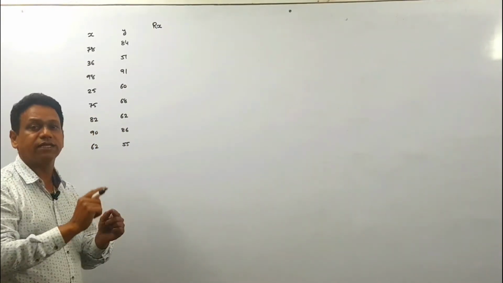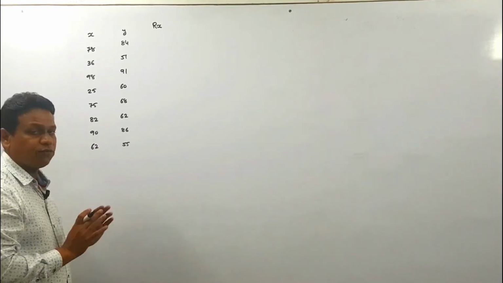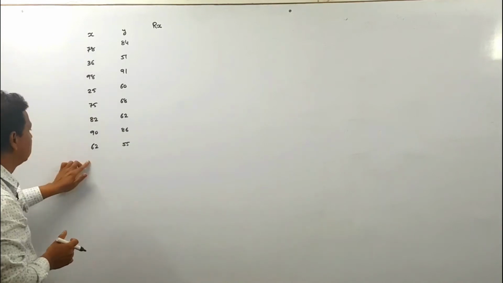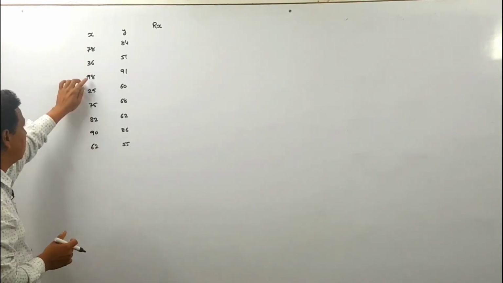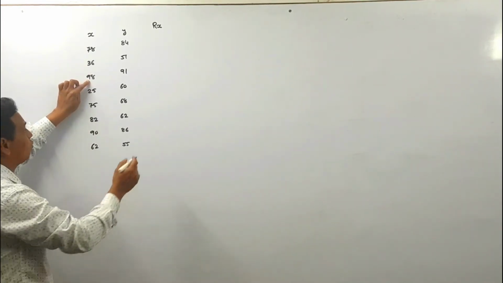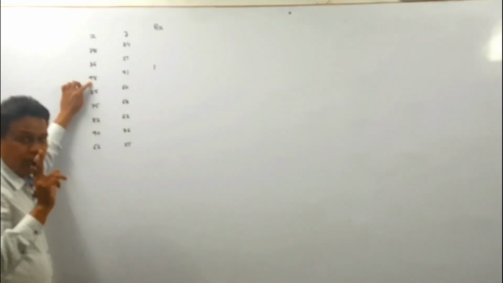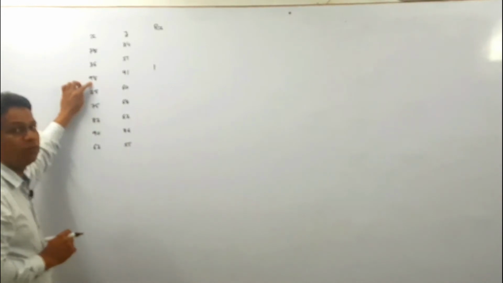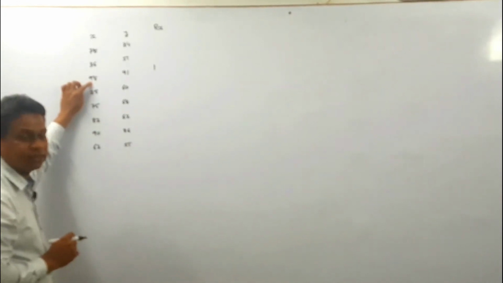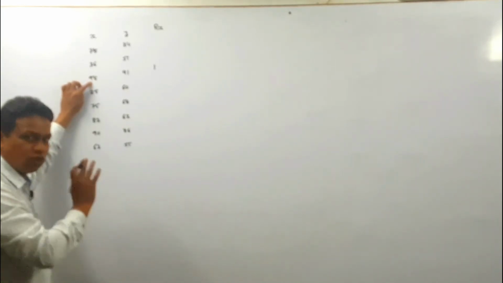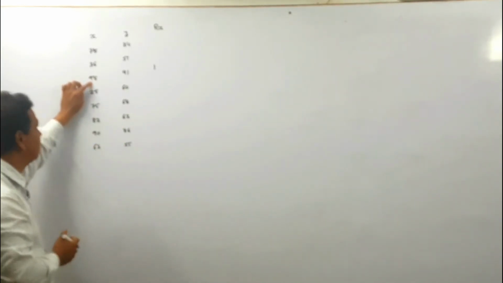Rx indicates ranks of X. First we find the highest value of the variable X, which is 98, so we assign rank 1 here. If there is a tie between the observations, we do not assign plain ranks, but we assign the average of the ranks at that time. So we move on to the next ranks.